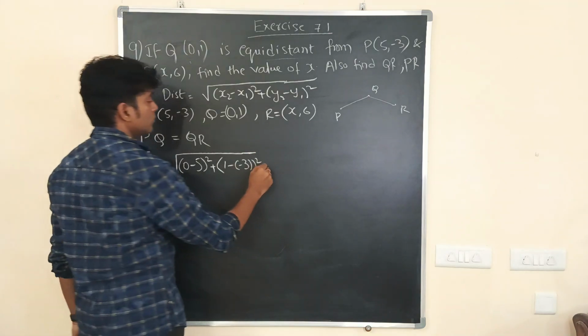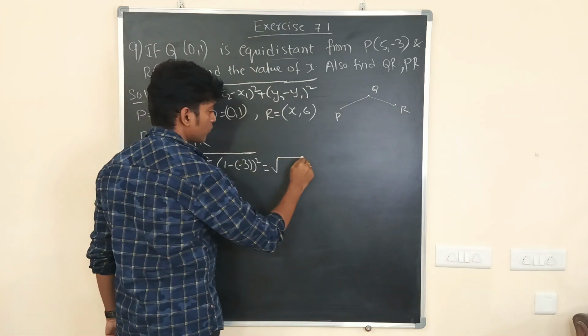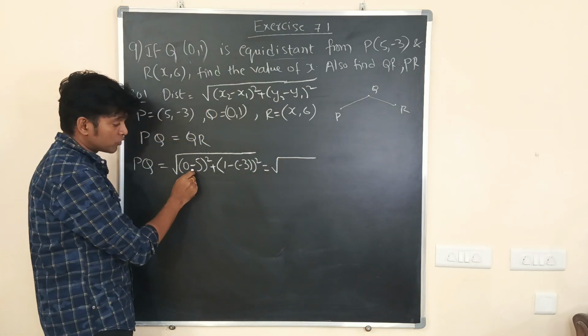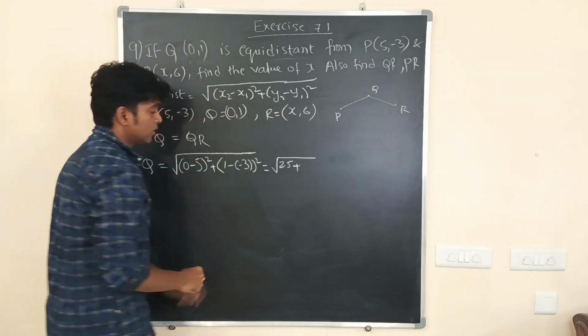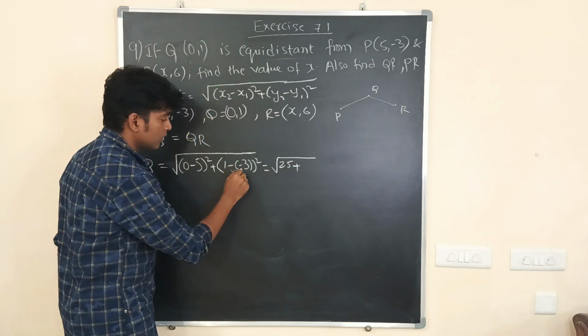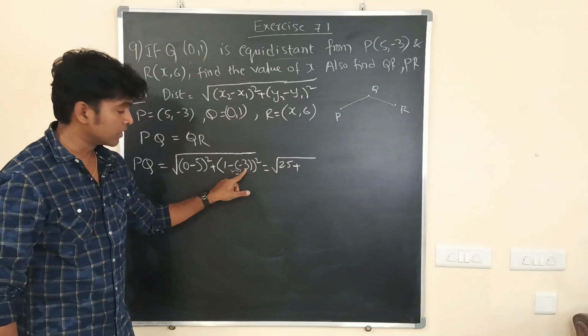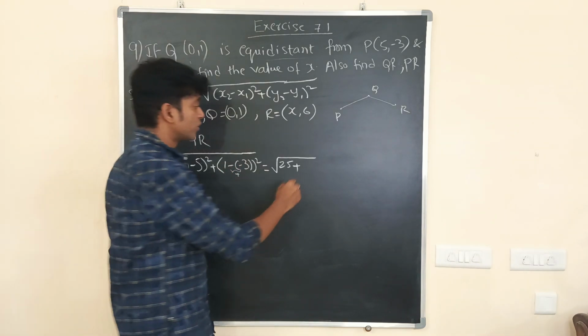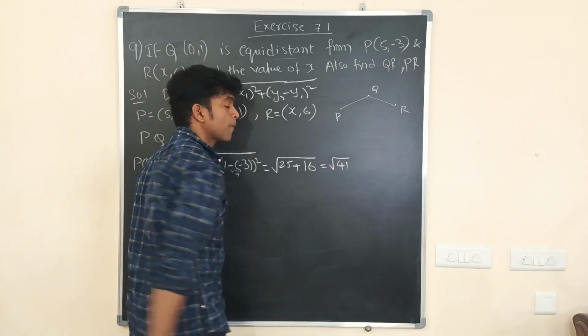Now this is equal to square root of minus 5 whole square is 25, plus 1 plus 3 is 4. So 4 square means 16. That is square root of 41.